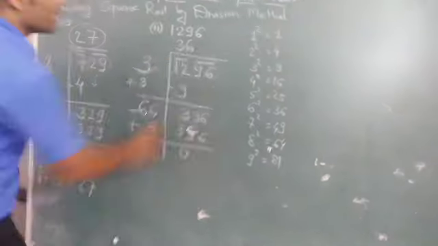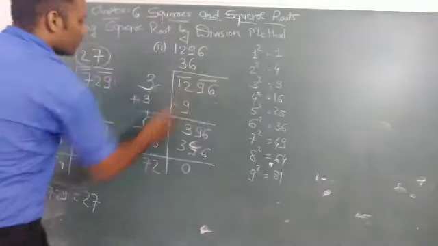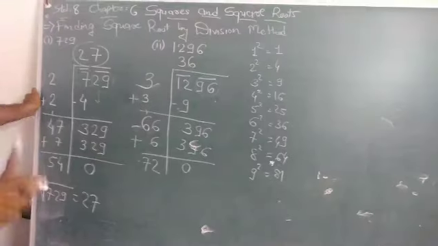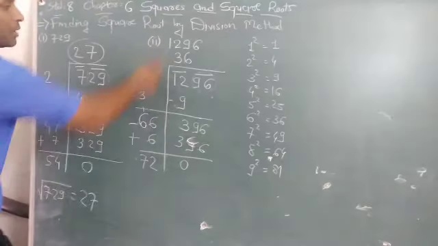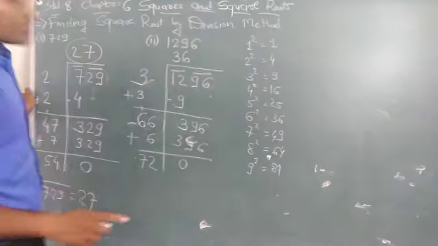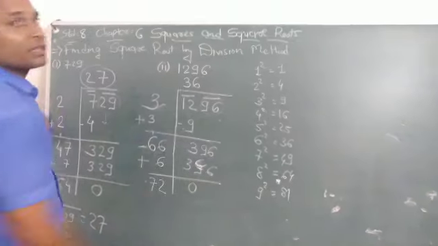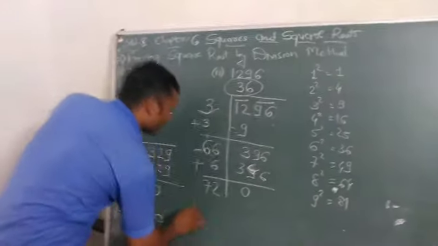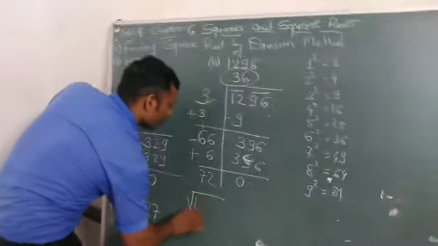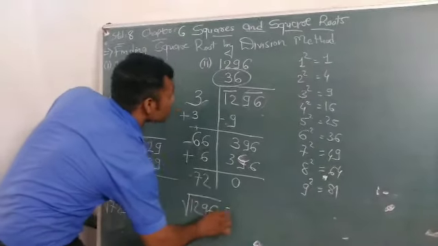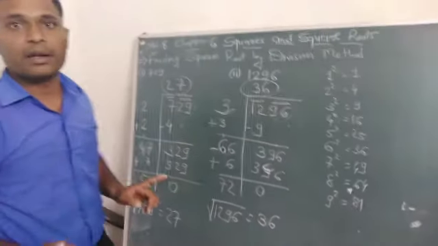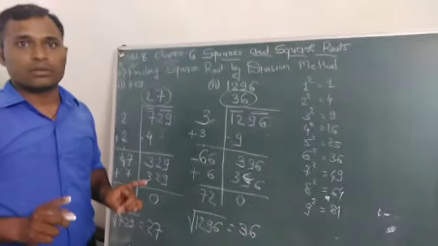Now you can see here 36 double is 72. 72 and 36. Okay, you can see this is the double of 36. So now this is your answer. Now the square root of 1296 is equal to 36. Okay, understand? Done.